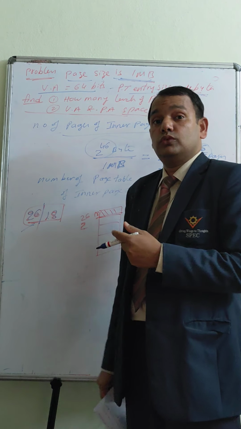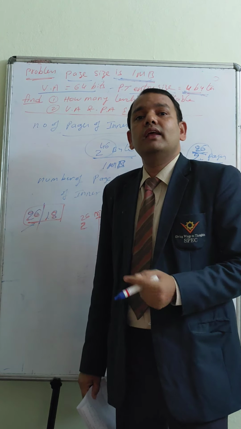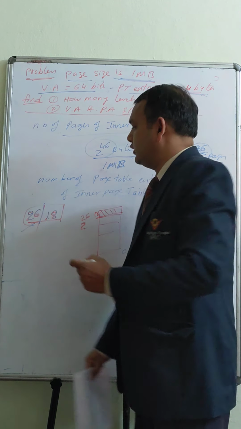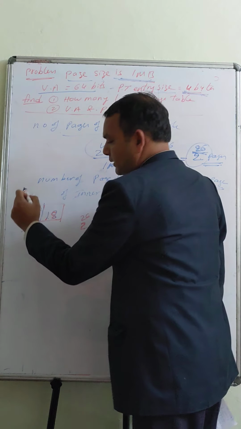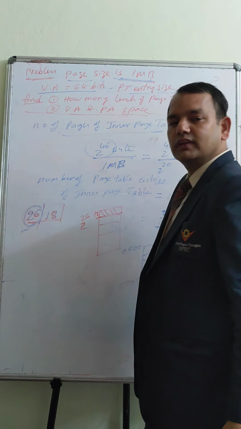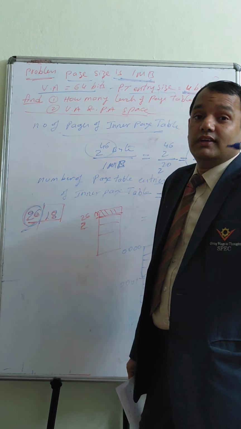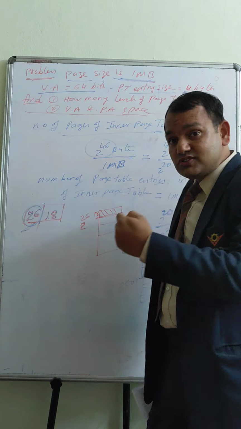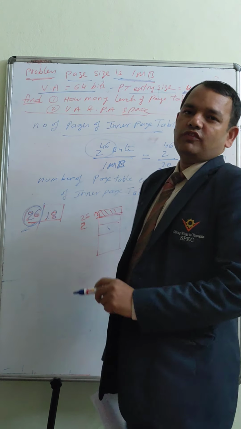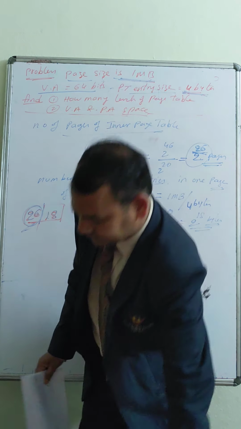These 2 power 26 inner pages we are storing in the outer page table. Now the outer table has 2 power 26 entries. These entries point towards the inner table. So now we'll find out the outer page table size. Okay.